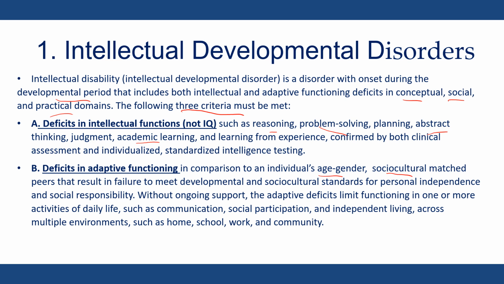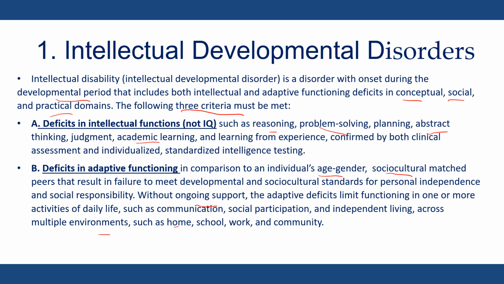Okay, so the idea is your child, the client that is sitting in front of you, is he or she able to live independently in a society across multiple environments such as home, school, work, without any ongoing support?